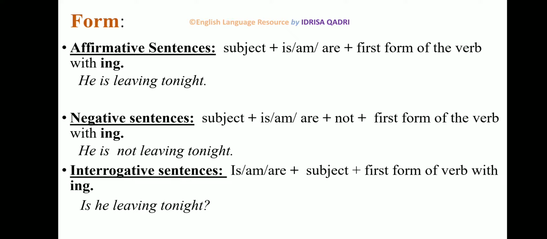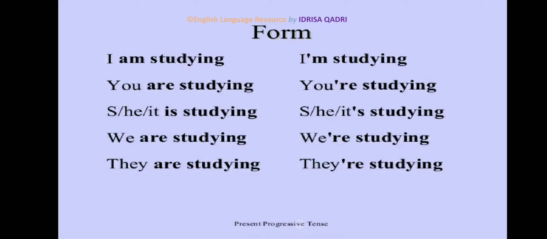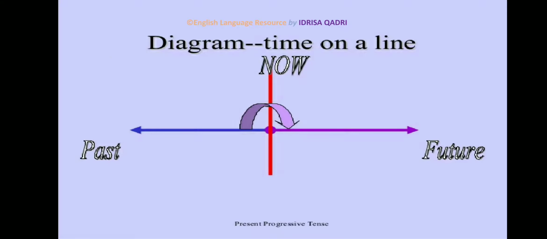For example, he is not leaving tonight. Similarly, in interrogative sentences, there's a change: is, am, are plus subject plus first form of verb with ing. For example, is he leaving tonight? Here we have more examples elaborating the form of present progressive tense and the diagrammatic representation showing the time on a line.